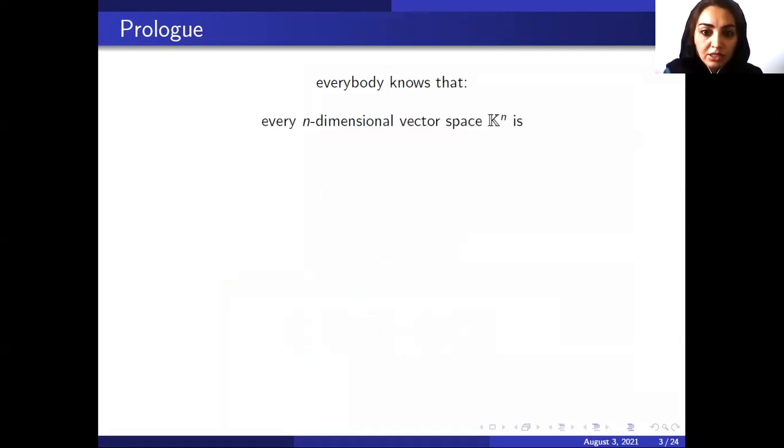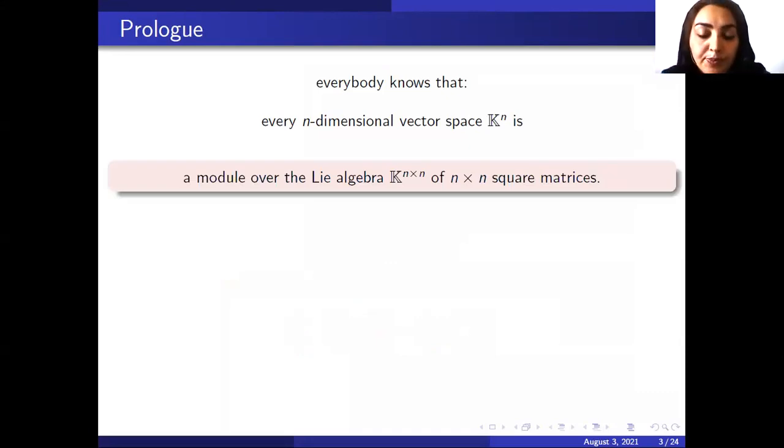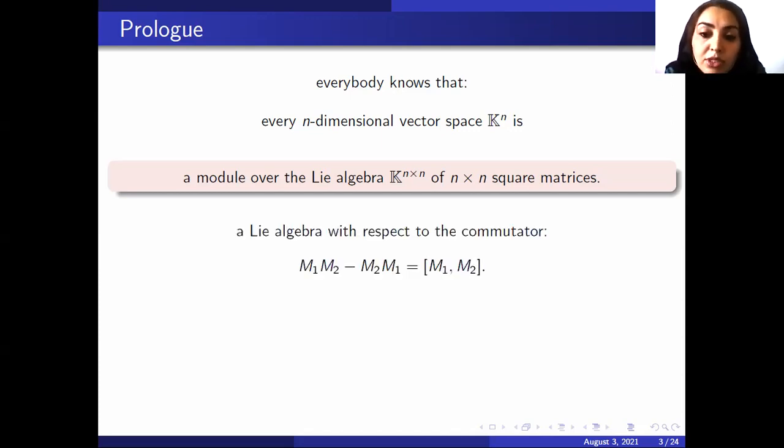Consider a field K. We know that the n-dimensional vector space Kn is a module over K-valued n times n square matrices. For this module structure, you just use the product of a matrix and a vector. But we know that n times n square matrices form a Lie algebra with respect to the usual commutator. By commutator, I mean that for two n times n square matrices N1 and N2, the commutator is N1 N2 minus N2 N1.